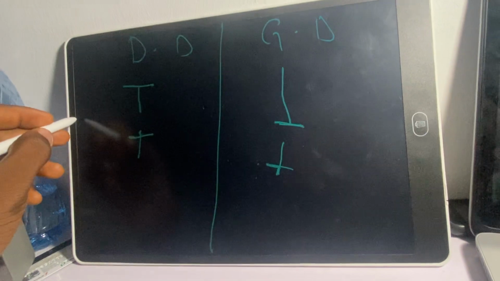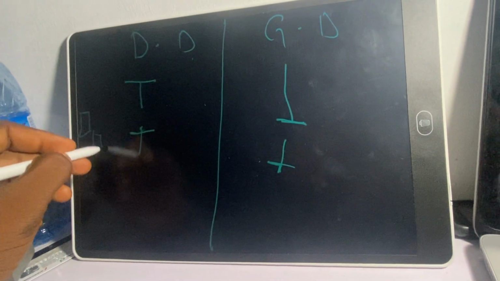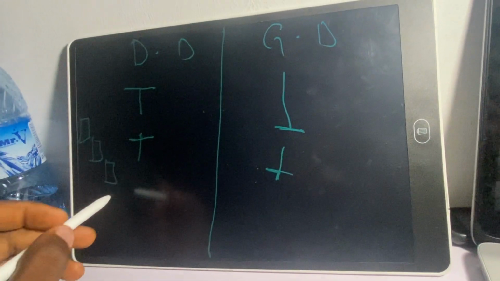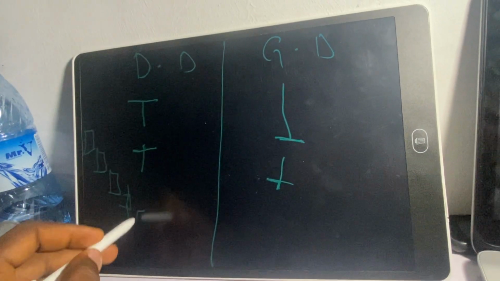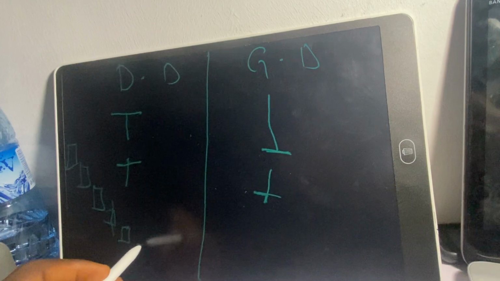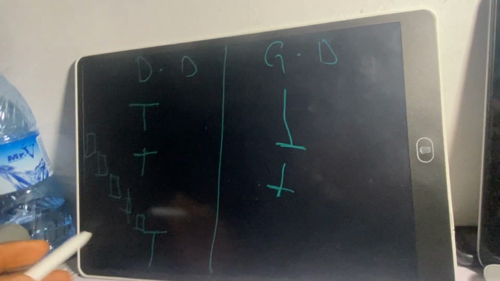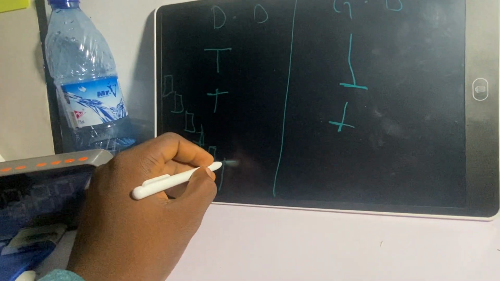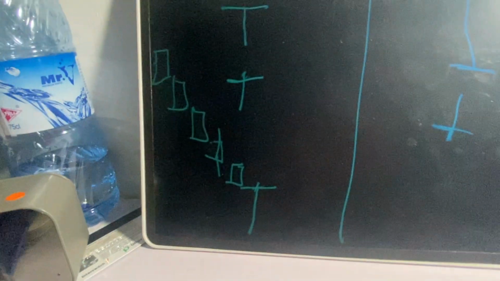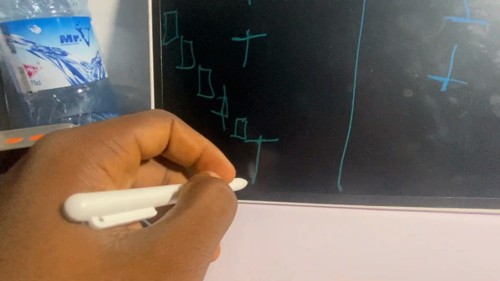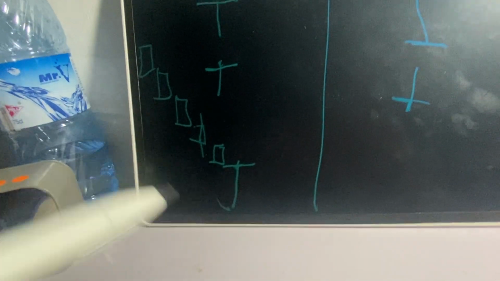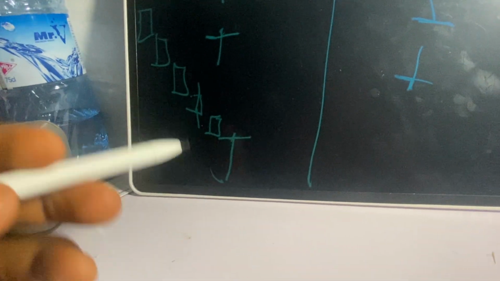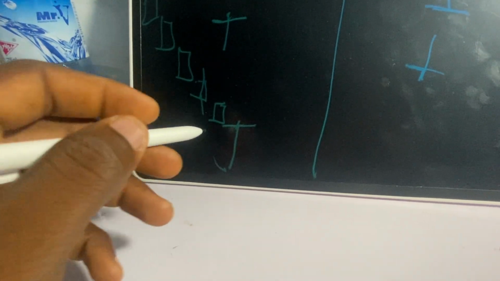For example, when you have the red candle coming towards your zone this way, then you have something like this, which is the dragonfly doji. If you have something like this, which is a dragonfly doji, then you know the buyers are strong.